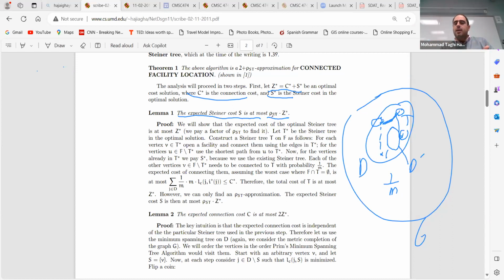Here, we will say that the expected cost of this optimal Steiner tree is at most Z star. Then we pay this rho ST to find it. But we show that the cost of the optimum Steiner tree is at most Z star. How can we do that? We need to consider the optimum solution and massage it so that we can create a Steiner tree here.